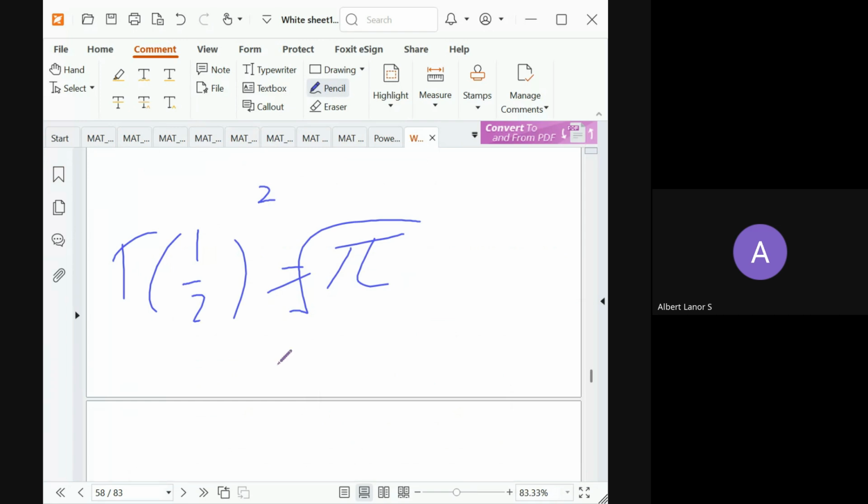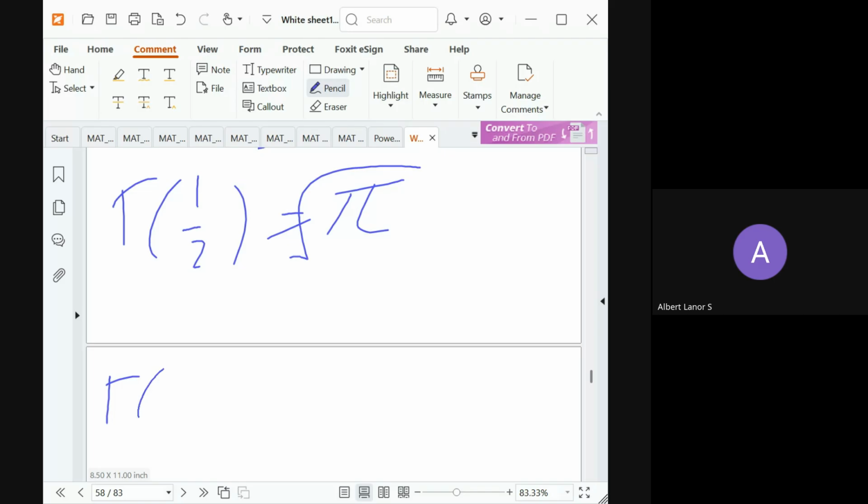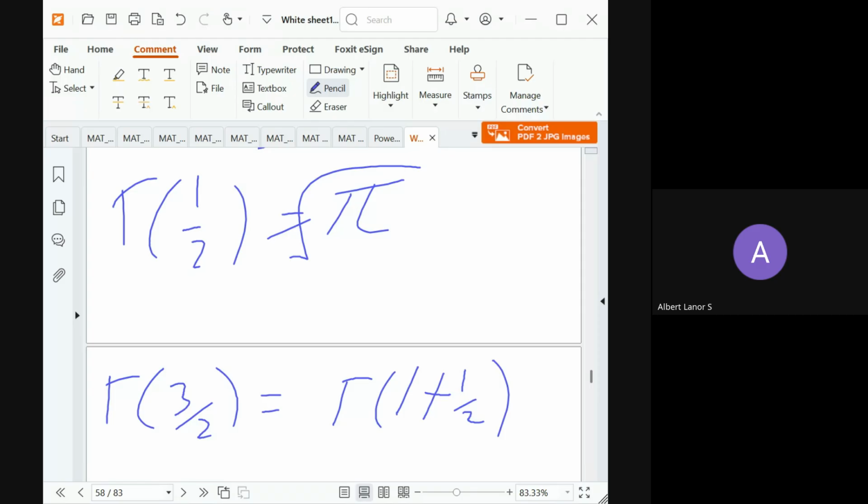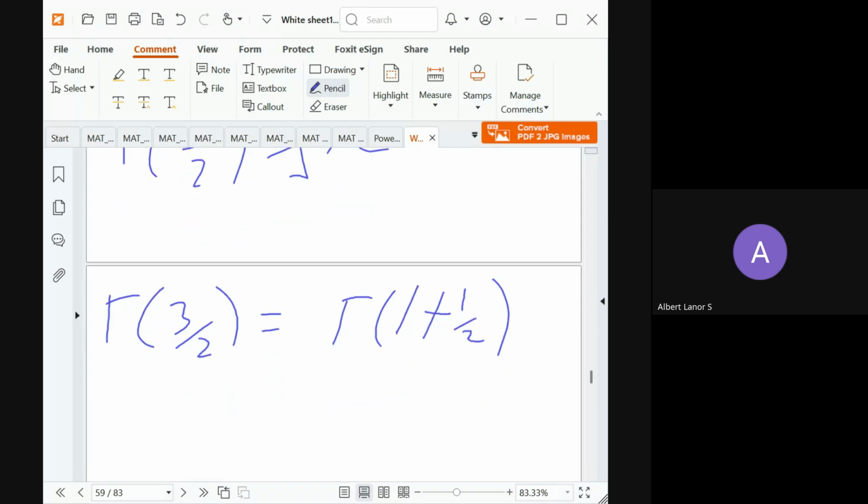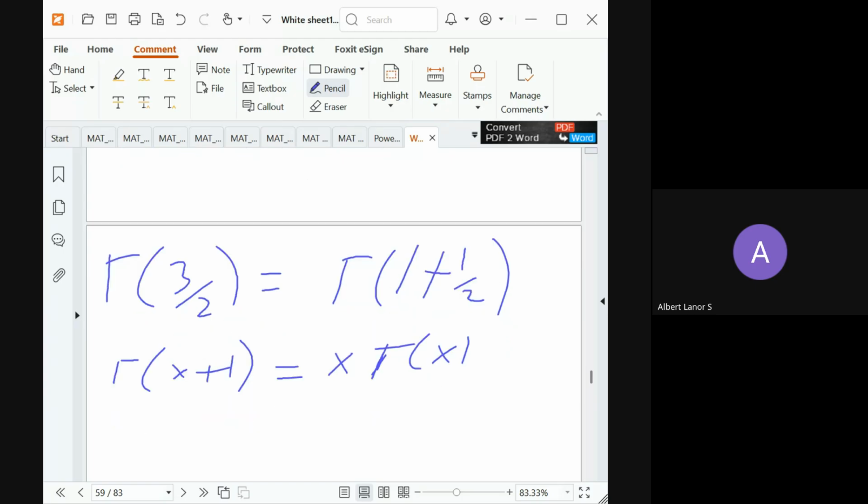Now, I want to find gamma of 3/2. And this is the same as gamma of 1 plus 1/2. Now, we just showed that if you have gamma of x plus 1, this is x gamma of x. So if I have gamma of x plus 1, then it means that my x would be equal to half.